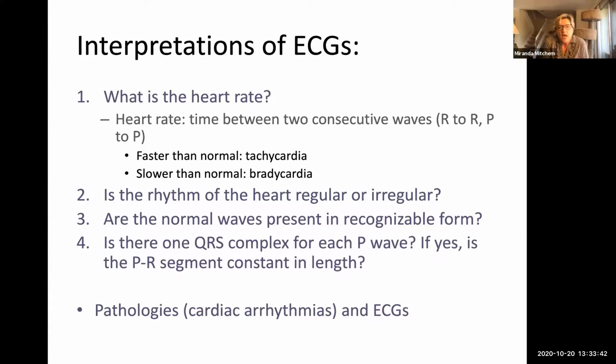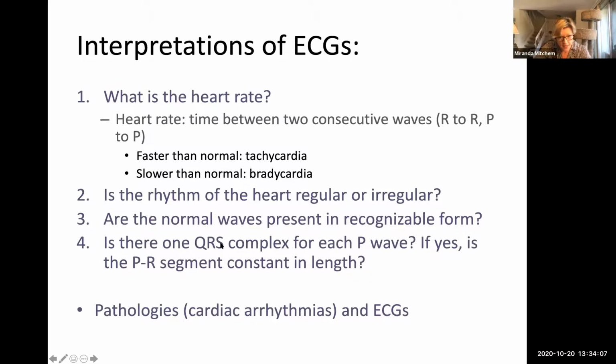And then we look at the rhythm. Is the heart rhythm regular or irregular? Meaning, do we have all the different waves happening? Are they in recognizable form? Is the ventricular response bigger than the atria? It should be, because the ventricles are stronger and they're bigger.